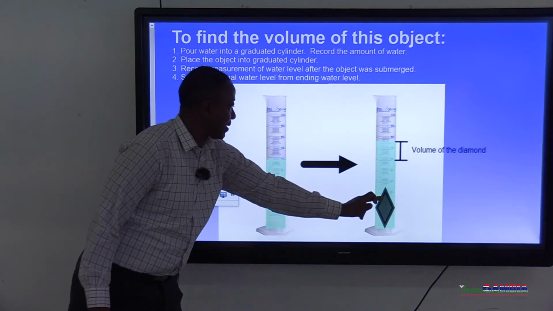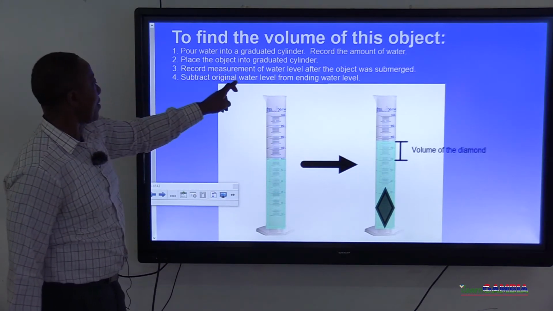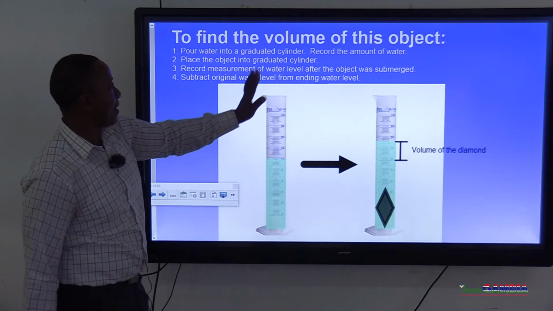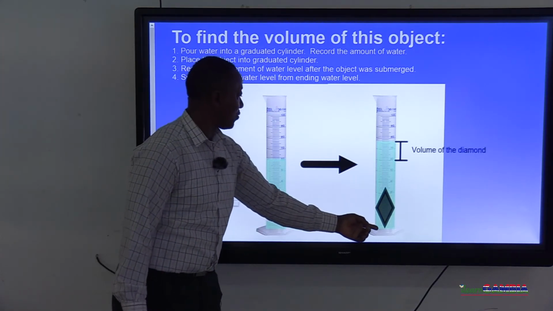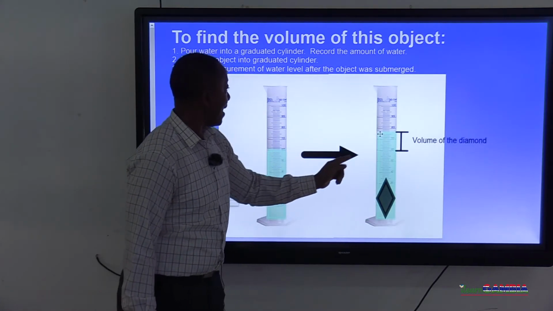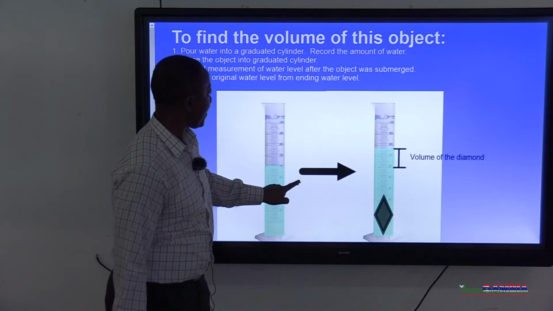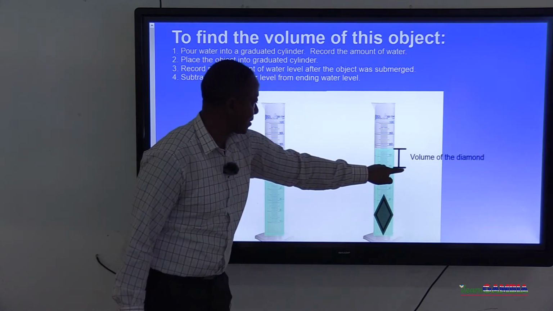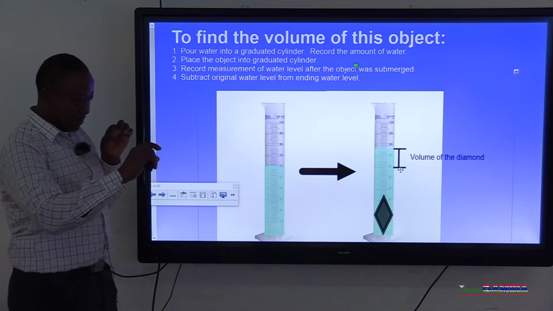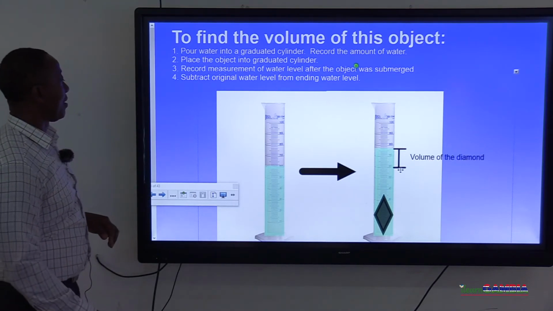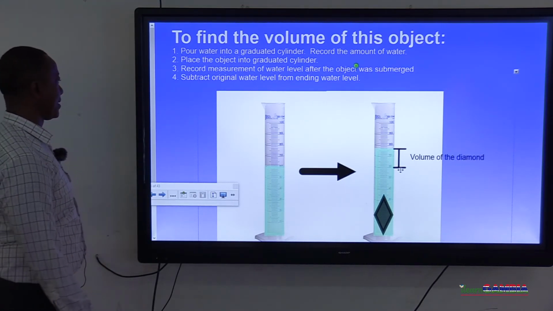All right, we do that. And now you record the measurement of the water level after the object was submerged. So you can see the level has risen. The picture is showing us that the first reading was here, and now the second reading you can see there. So that is the volume of the object that was placed in there.